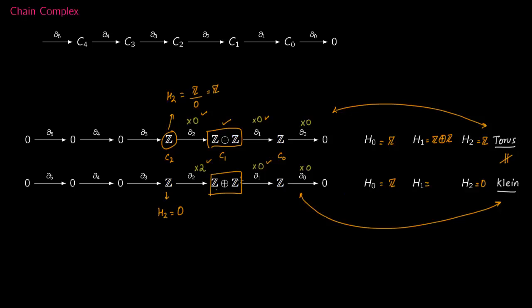This entire thing, because of multiplication by 0, is going to 0. So this is the kernel, and the image is 2z. So you write this like this: one of the elements would be z by 2z, and z direct sum with z by 2z.